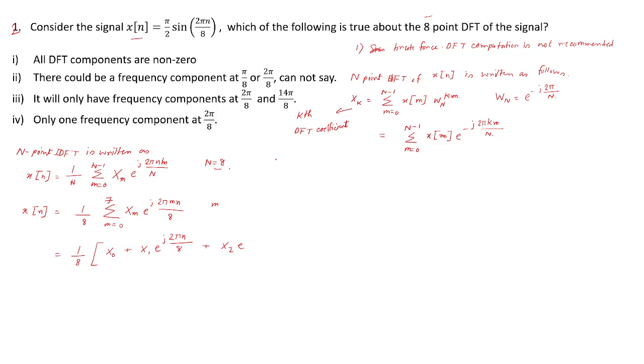By the way, a DFT coefficient can be written as X_k also, it's just a matter of notation only. Then 4πn/8, and then 6πn/8.